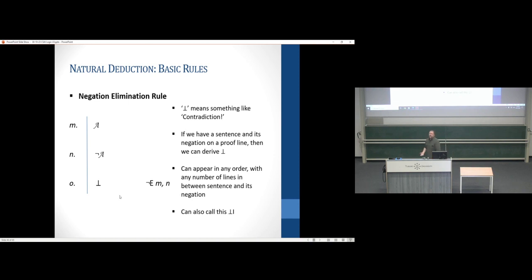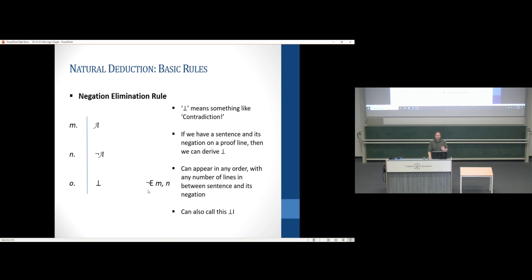And again, you can call this negation elimination because you're using the negation. You can also call this contradiction introduction. In fact, I think Tim mentions both of these names, right? I'm going to call it negation elimination. So here's something very cool.